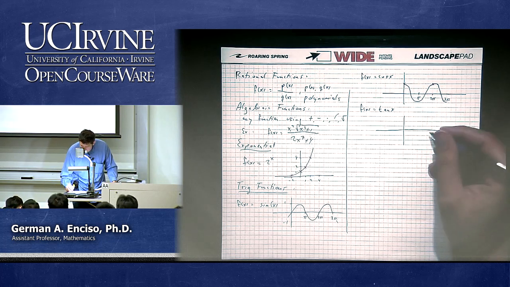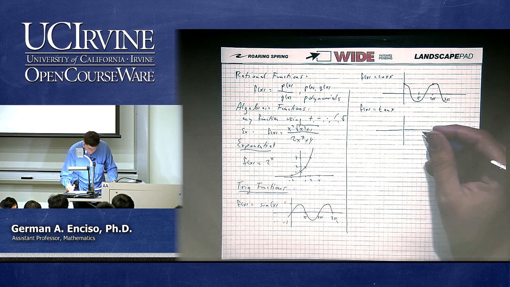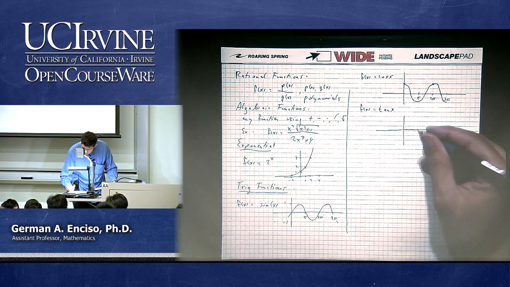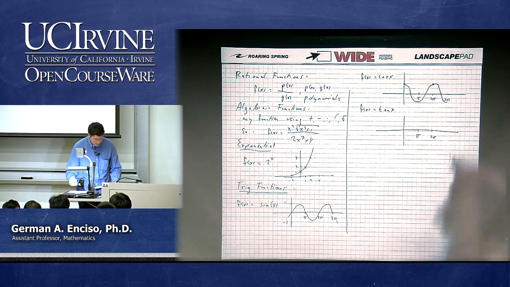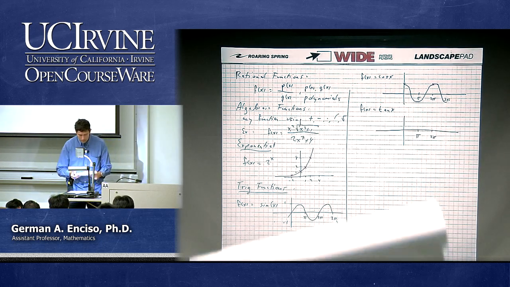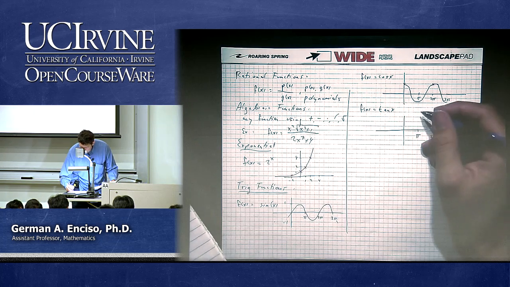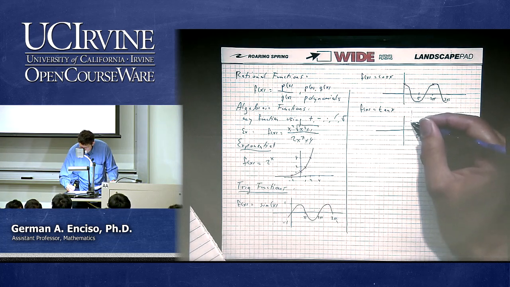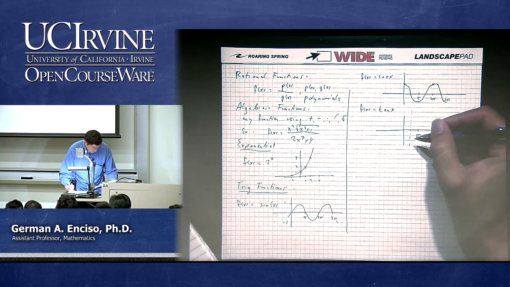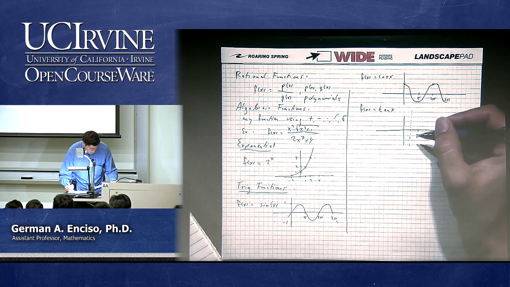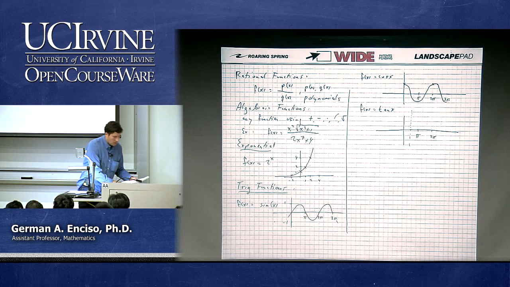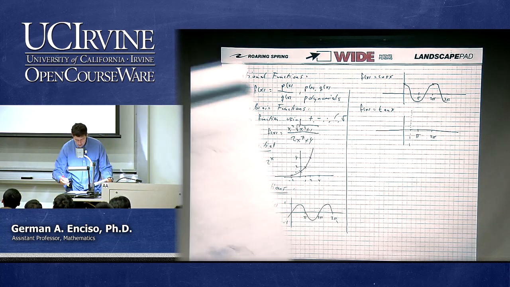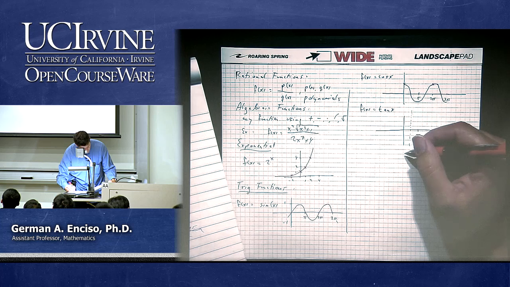I'm not going to dwell too long on it, but this is pi, this is 2 pi. I'm going to draw an asymptote here. And essentially it looks like this.